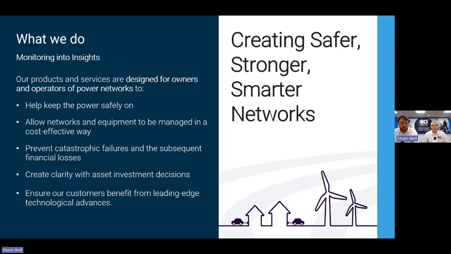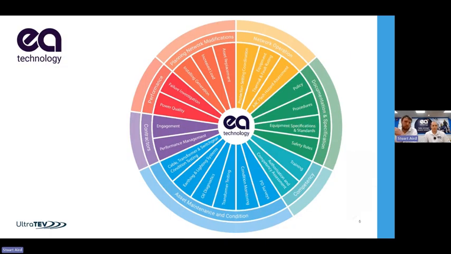We do that in a number of ways. Our offerings cover a whole range of activity. This wheel gives you a feel for it. Depending on where you are in your asset life cycle, we may be, as we are talking about today, helping with your field activity. So what's the state of my equipment right now? How do I keep it safe? Maybe through to, hopefully not, a couple of forensic investigations where it has gone wrong, right through to planning your next steps.